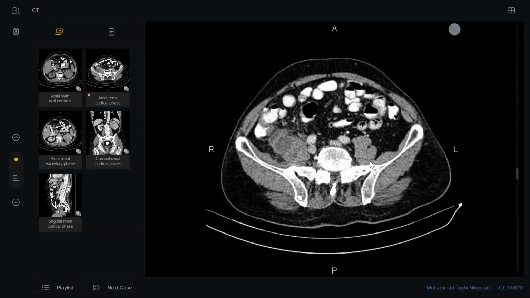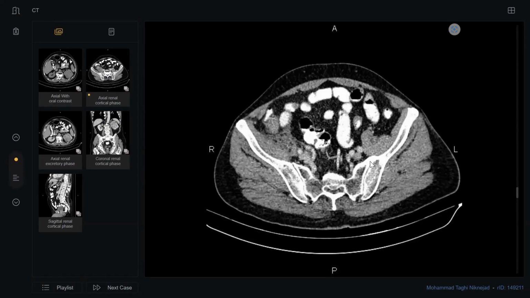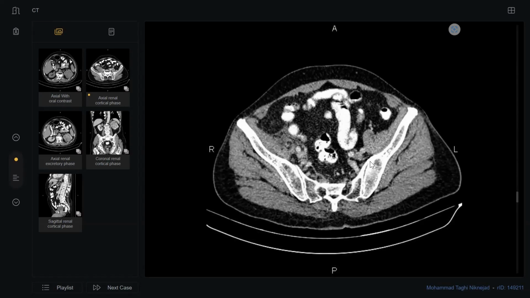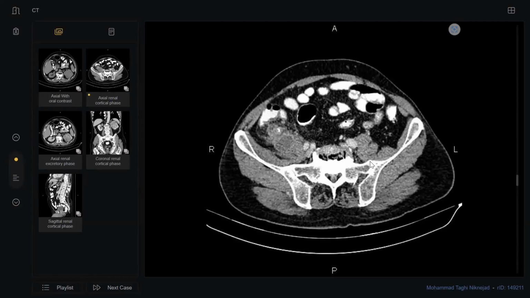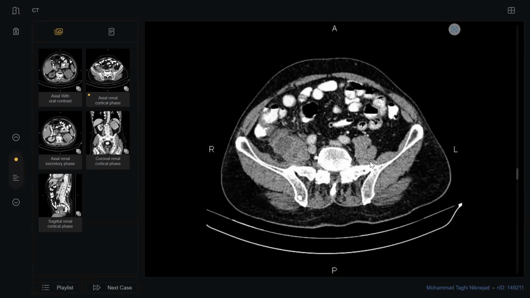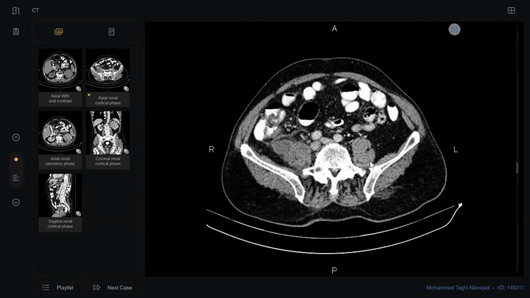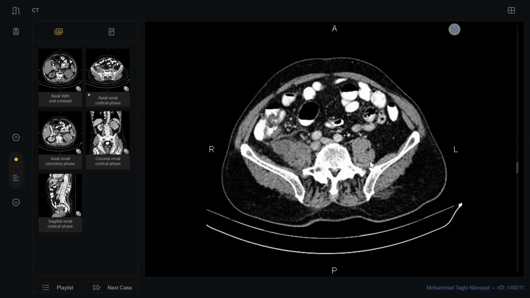I'm looking for the appendix. I'm able to see the appendix is dilated with a calcific density, which must be the appendicolith, and a few hypodense areas, which must be the dilated appendix and content, and there is surrounding fat stranding as well.